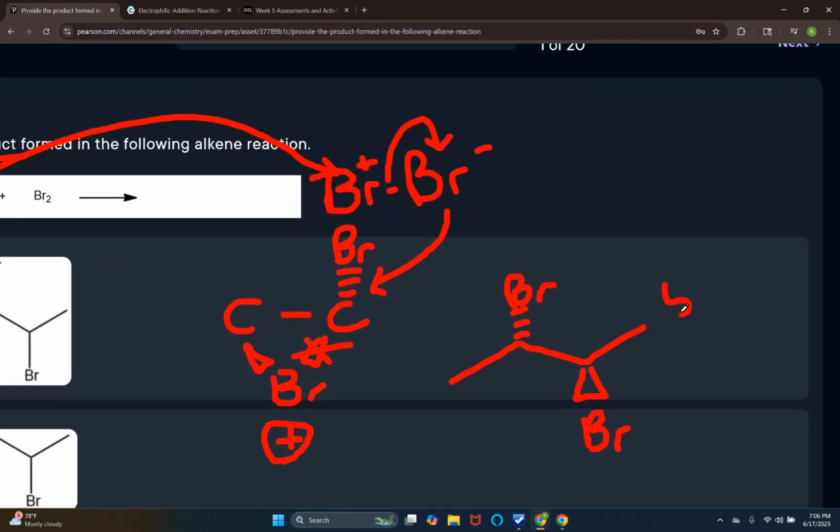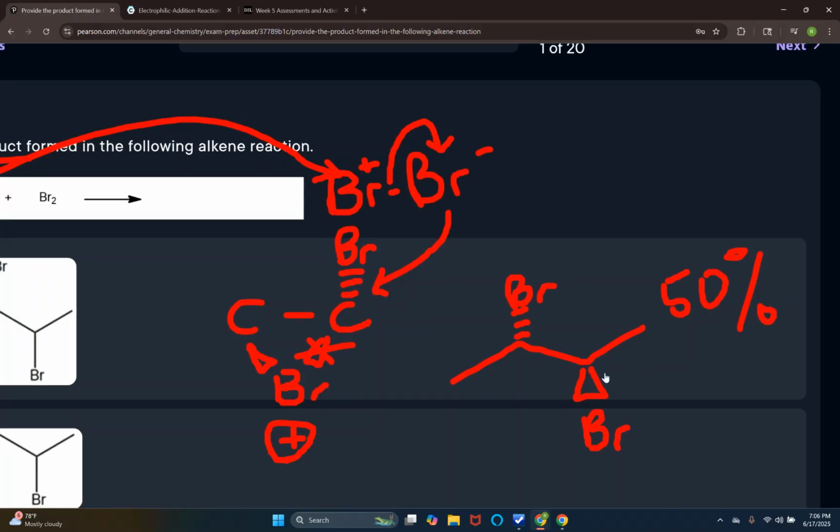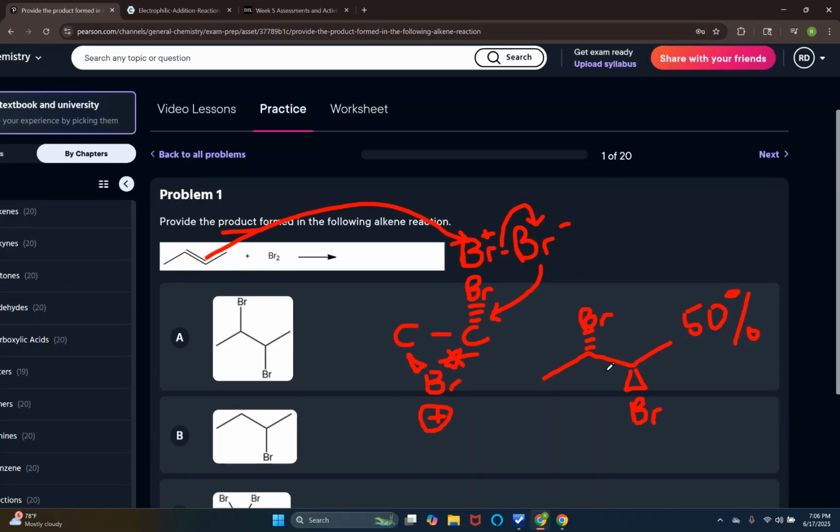This is a racemic mixture, so it would be 50% this and 50% the opposite. So I hope that was helpful.